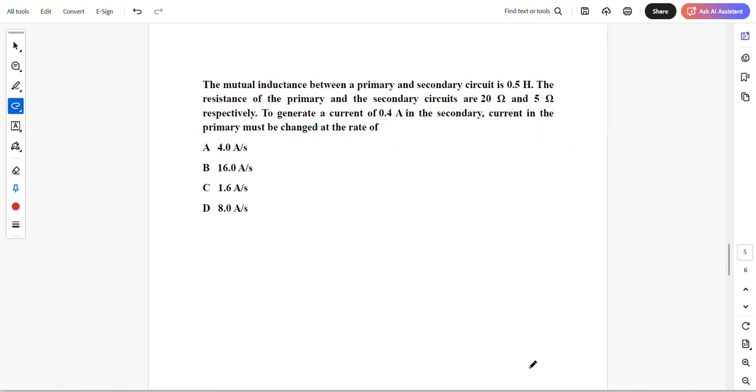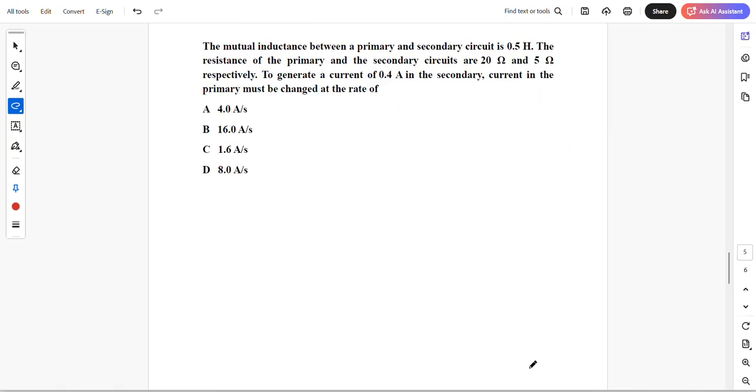Next problem, we will see what it is saying. It is saying that the mutual inductance between a primary and secondary circuit is 0.5 Henry. The resistances of the primary and secondary circuits are R1 is 20 ohm, R2 is 5 ohm.